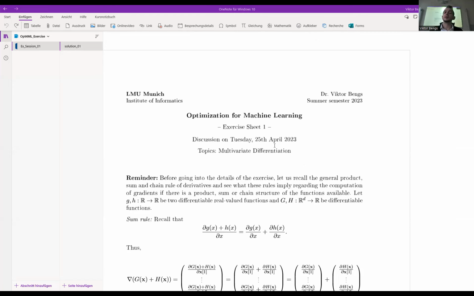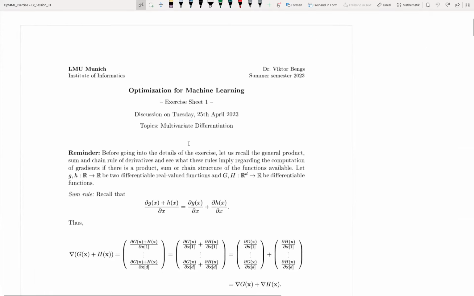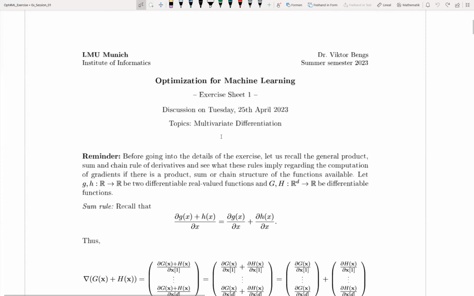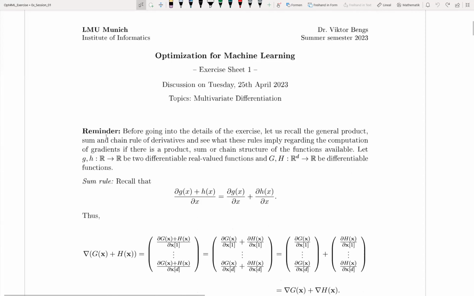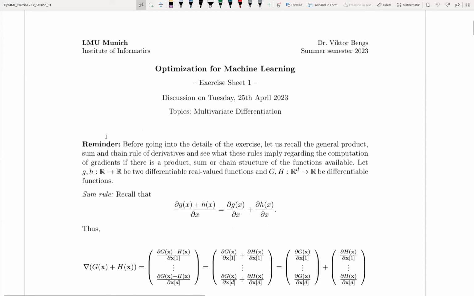The entire topic here, which fits quite well because this is quite an important concept, is multivariate differentiation.